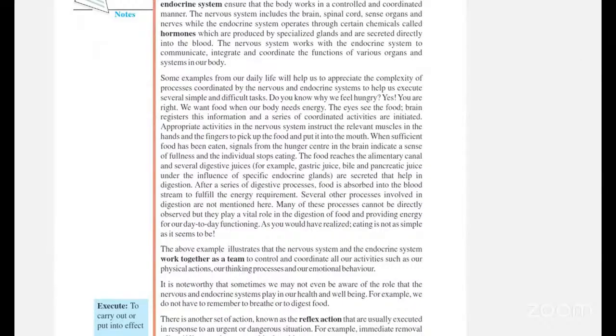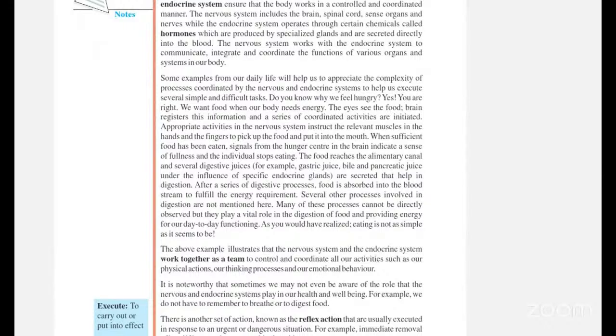Okay. So they all work as a team. They do not work individually. So, like in our body, the stomach gets food. How will the pepsinogen hormone be released, which is responsible for the digestion of pepsin?